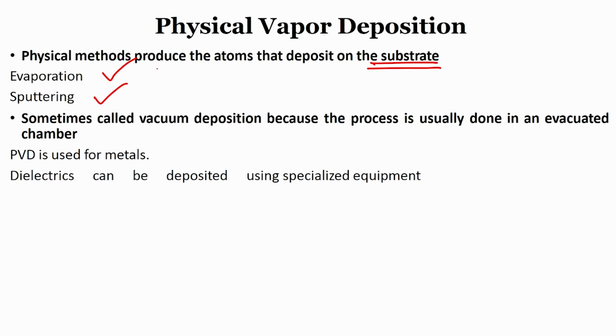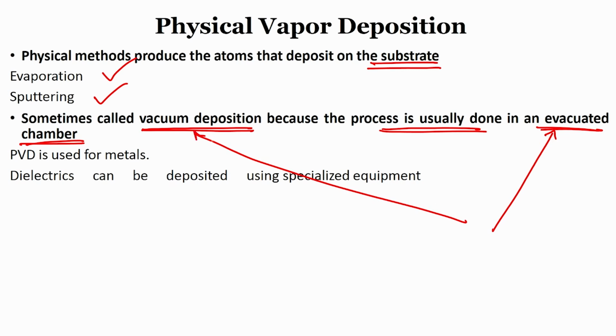Now, physical vapor deposition is sometimes called vacuum deposition, because the process is usually done in an evacuated chamber, that means a chamber in which there is a vacuum. So, what is the advantage of creating a vacuum?